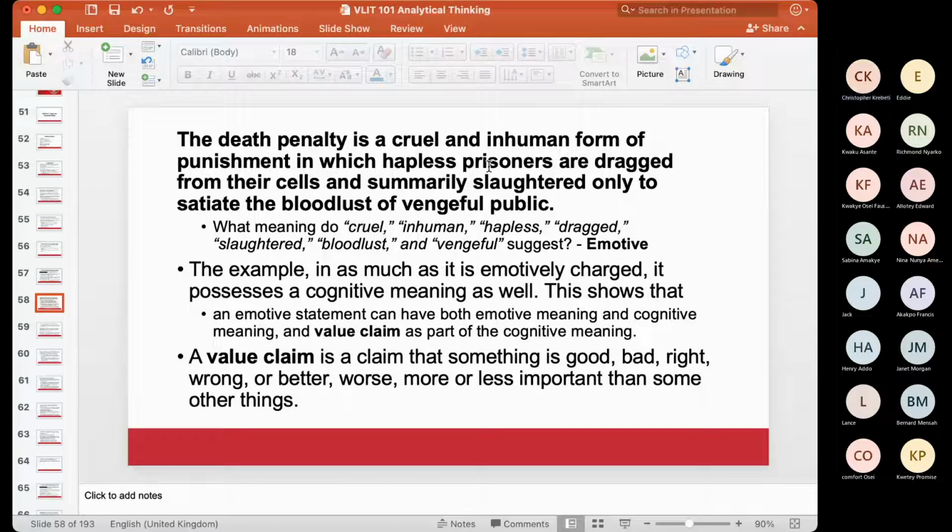So what is this person trying to tell us? This person simply wants to tell us that the death penalty is wrong. The death penalty is not good. The death penalty is bad. That is all that this person wants to say.